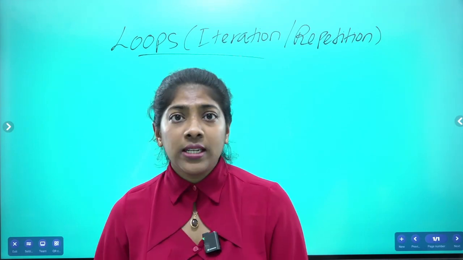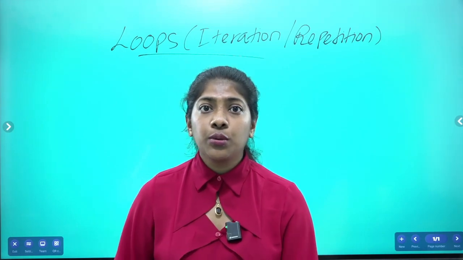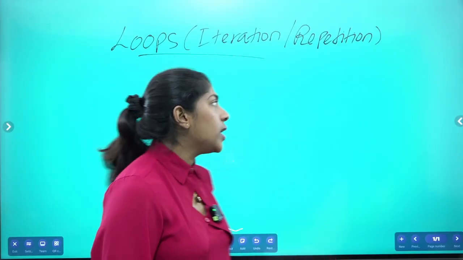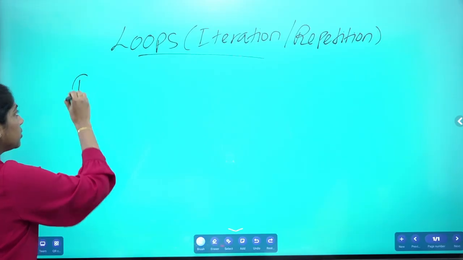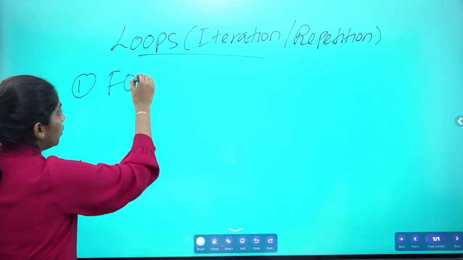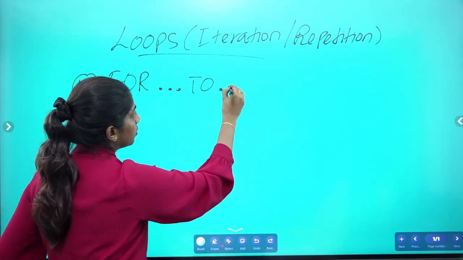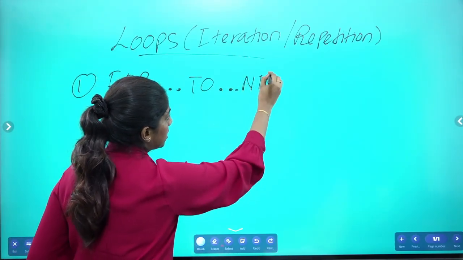In your syllabus, when learning pseudocodes, you have to learn about 3 major loops. Those are, first one, for to next loop.